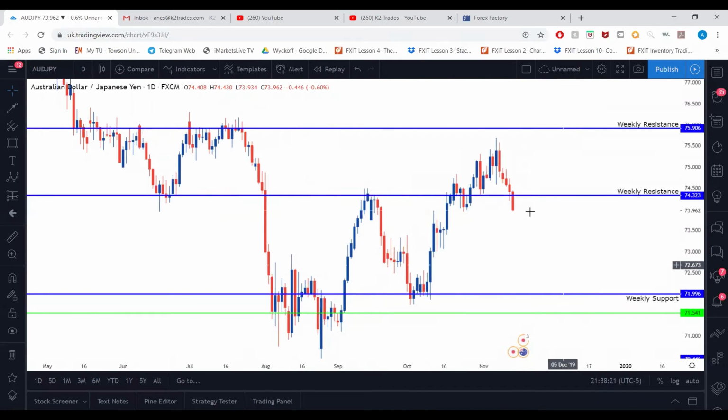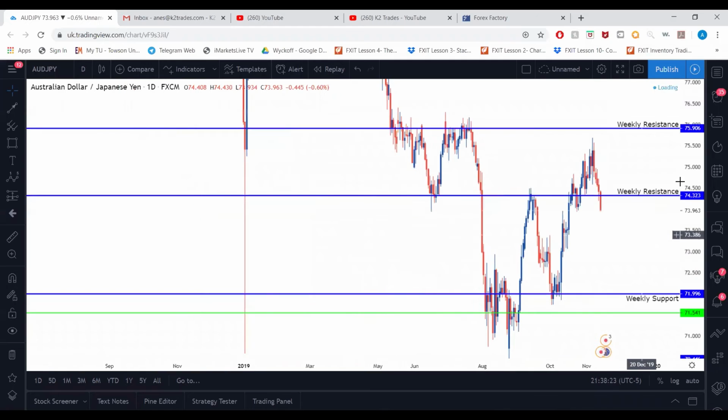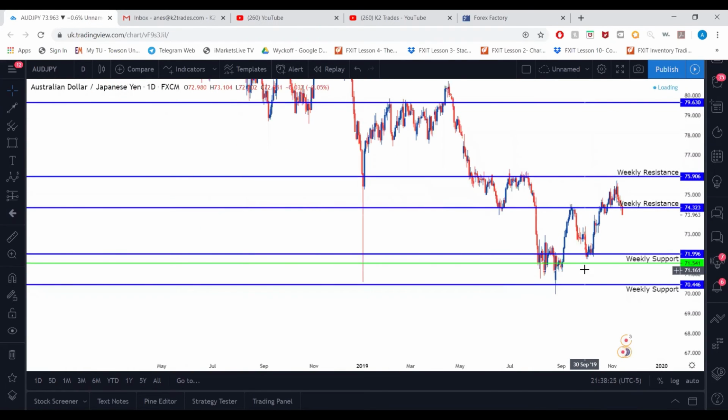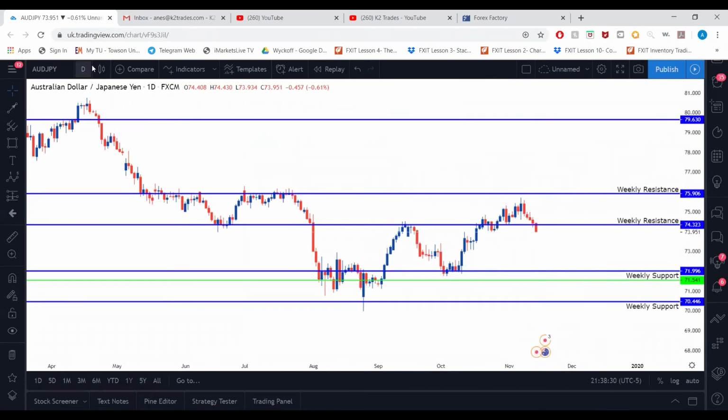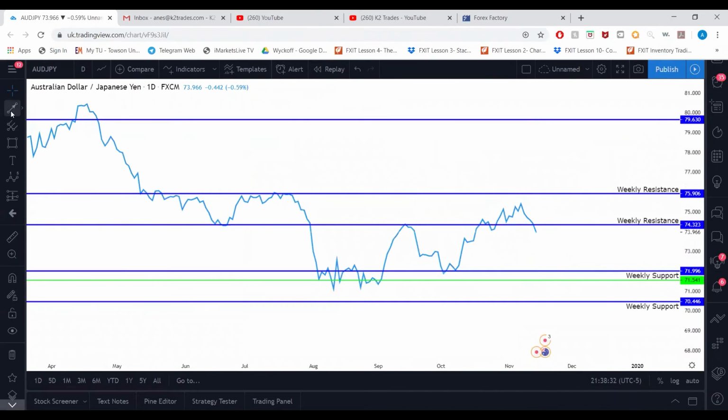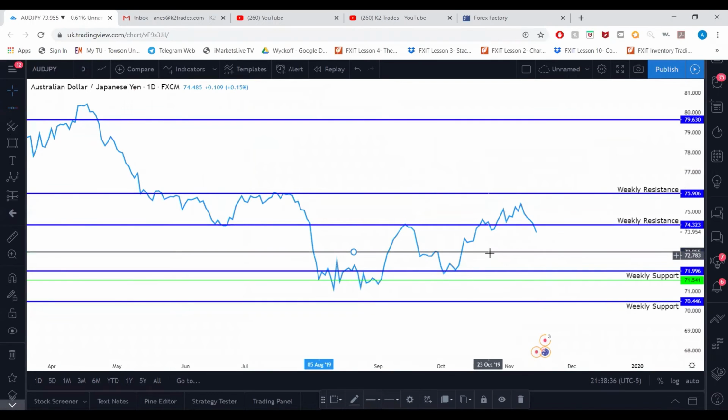Oh wow, this is on its way down. AUDJPY, it's on its way down.